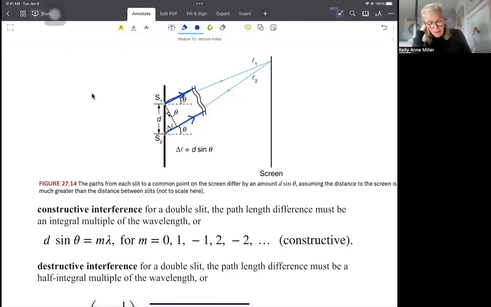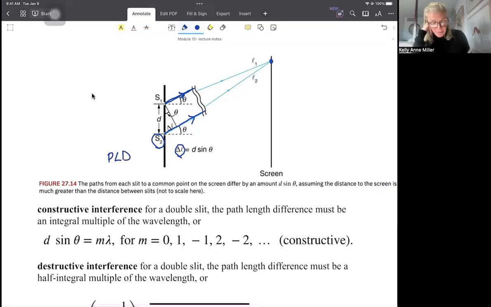If I extrapolate those lines all the way to the screen, the light coming from slit two travels a slightly longer distance than the light from slit one. That distance in this picture is called delta L, the path length difference.